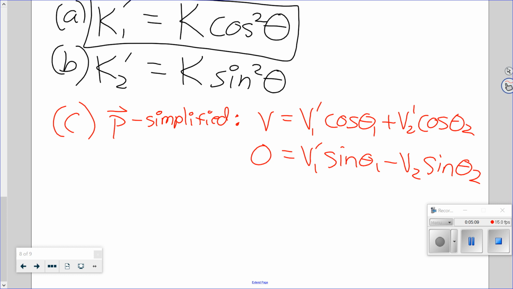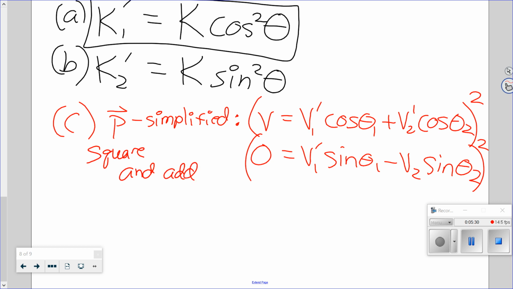And you can actually prove... let me see how many trig identities. So you square them and add. Okay, and now that you have the kinetic energies and you have the v squared and the v1 prime squared, v2 prime squared, etc., you can combine it.